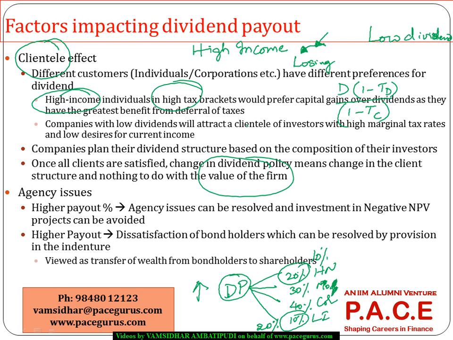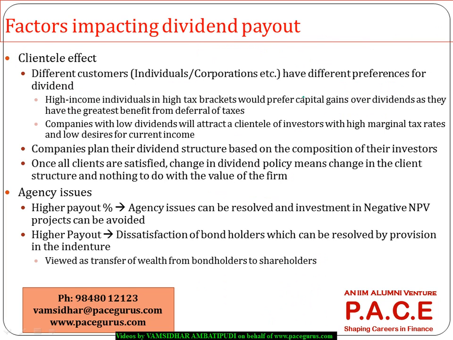See, generally we talk about the agency costs associated between two sets of people. One is shareholders and management, and the other set of agency issues generally observed is between shareholders and bondholders.